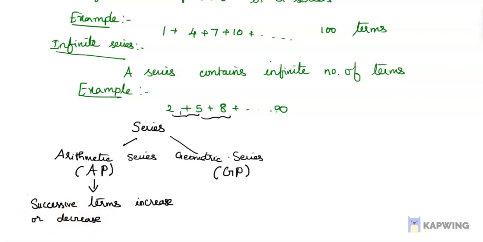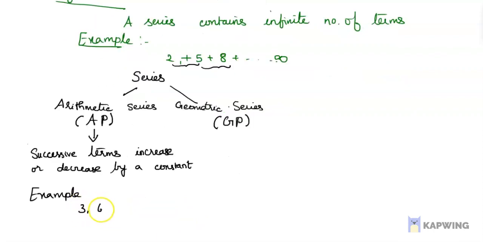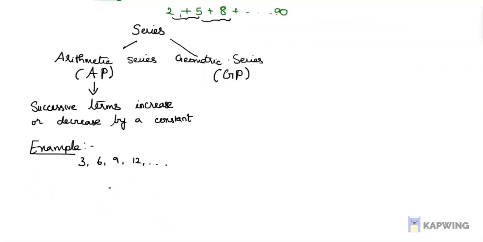Successive terms increase or decrease by a constant quantity is called arithmetic series. For example, we can give 3, 6, 9, 12, etc. This is an example of arithmetic series or arithmetic progression.